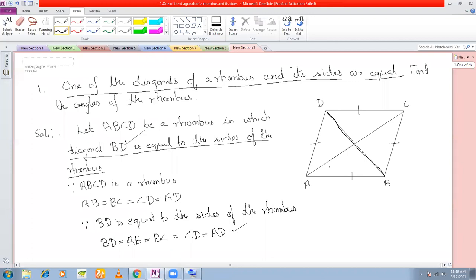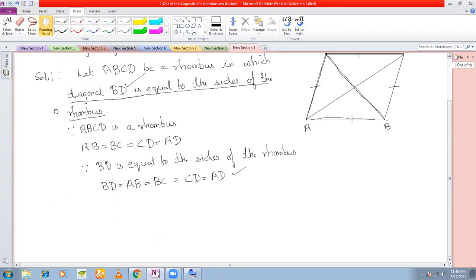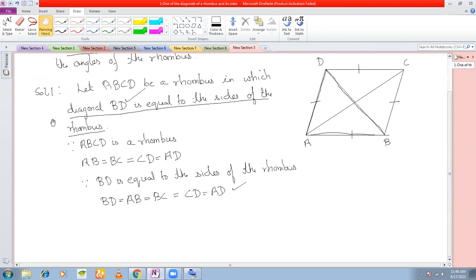Now look at the triangle ABD. This triangle must be an equilateral triangle. You agree? Because BD is equal to the two other sides. For convenience, let us take each of the sides as x.